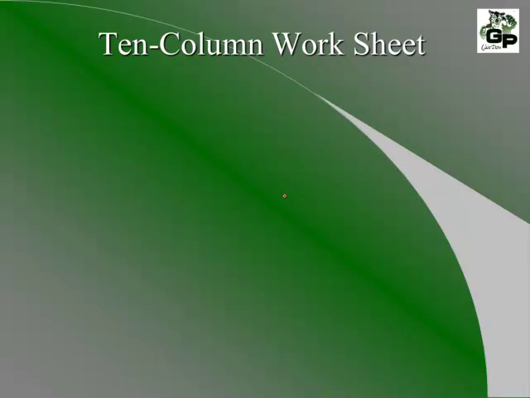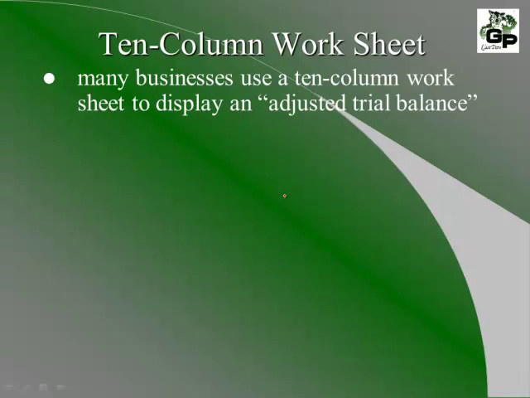Now we need to take another step and talk about a 10-column worksheet. Many businesses use a 10-column worksheet to display an adjusted trial balance. As you might have noticed on the 8-column worksheet, we didn't really have the final results after we did the adjustments.